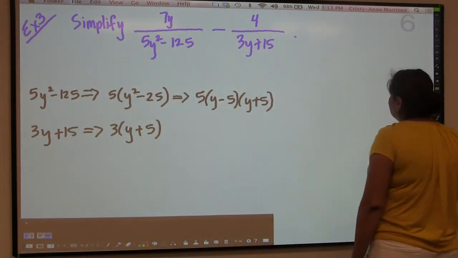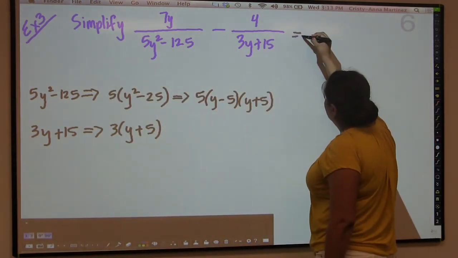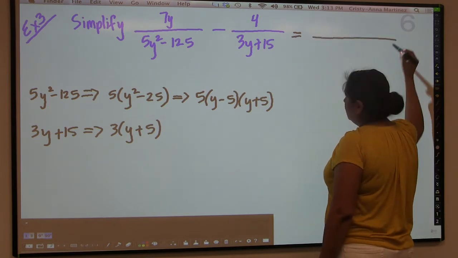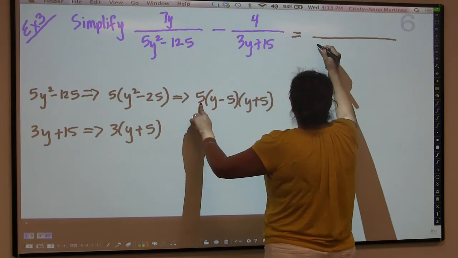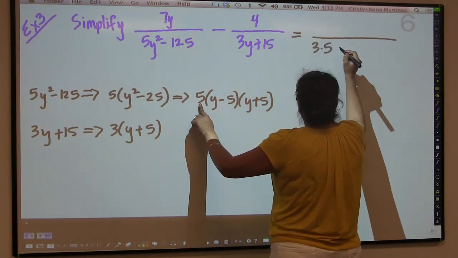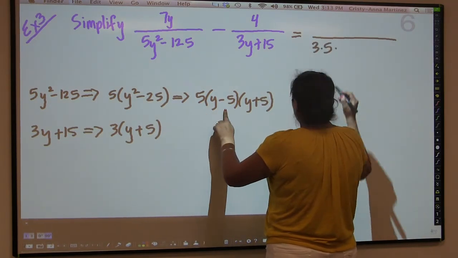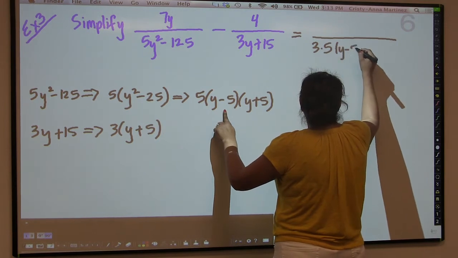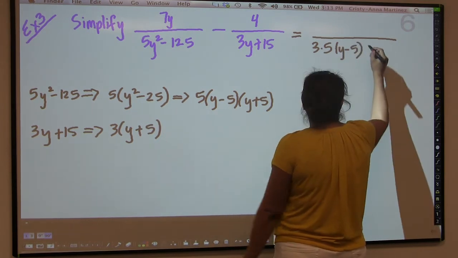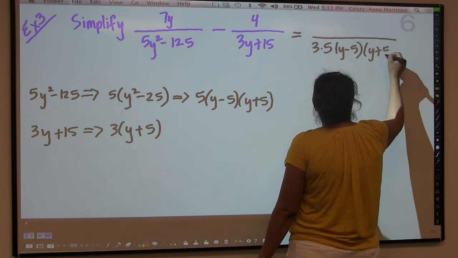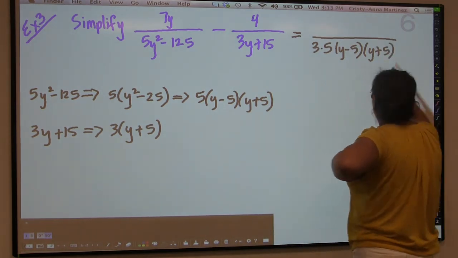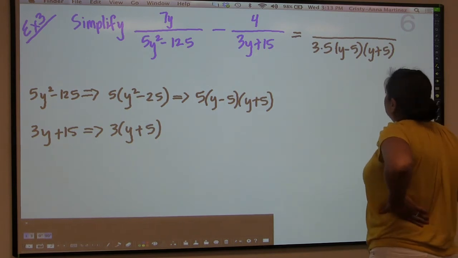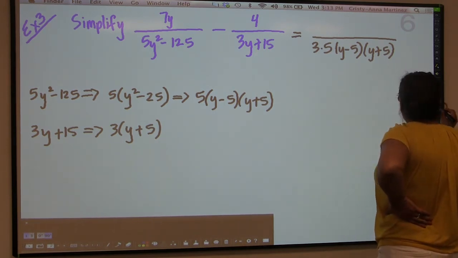So the common denominator for this function will be to have a 3 and a 5, and a y minus 5, and a y plus 5. Again, in this case, there are no repeated factors, so no need for us to put squared up there. So then that's your common denominator.